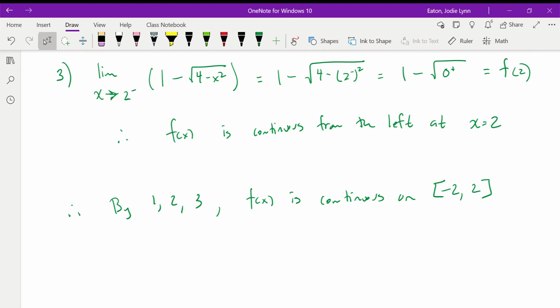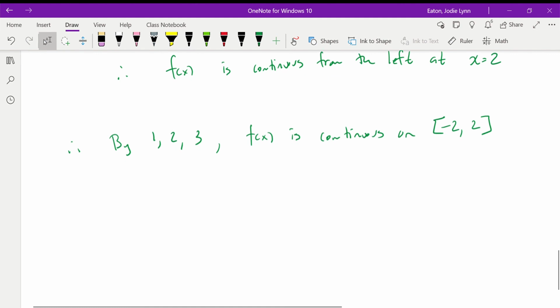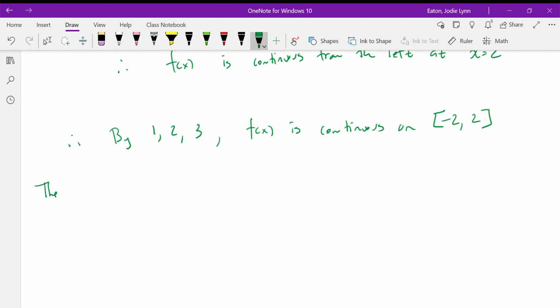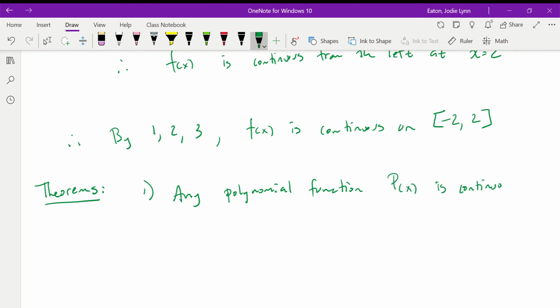Okay, so a couple of theorems that can help you prove that certain functions are continuous. Number 1, any polynomial function p of x is continuous on R. So for all real numbers, p of x is continuous.